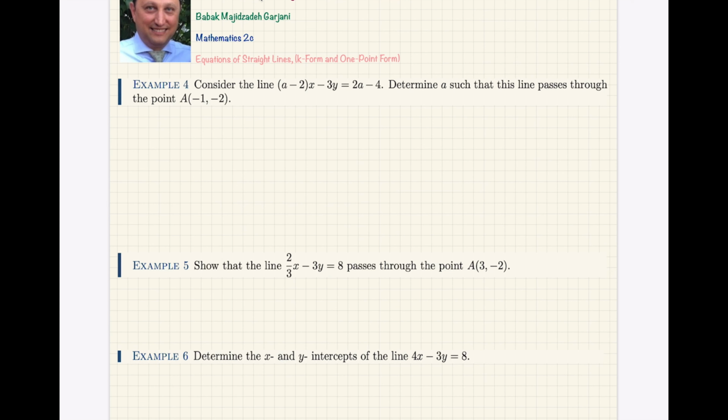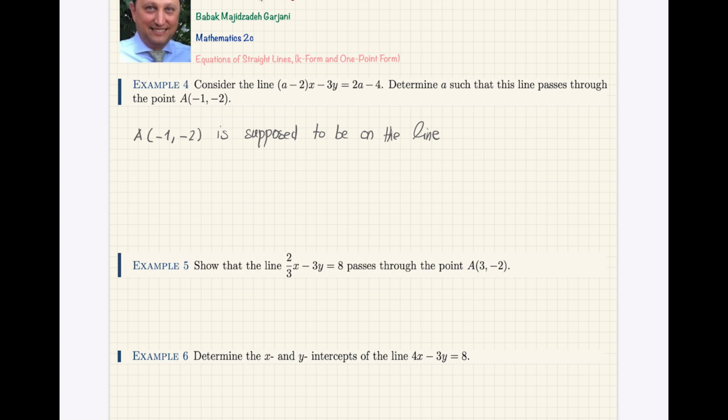Okay, so if I want to write it in the correct way, I would say that the point minus 1, minus 2 is supposed to be on the line. Yes, this is the meaning when you say that my line is going to pass through this point. This English sentence can be written in a slightly different way, saying that this point is supposed to be on this line.